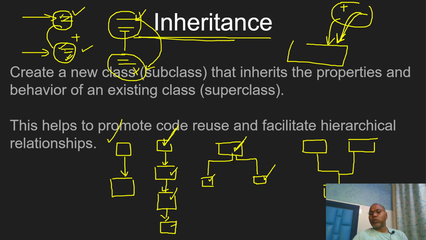A couple of programming languages like C++ support this concept, but Java and many other programming languages do not support multiple inheritance. It means one class or object cannot inherit properties from multiple classes.